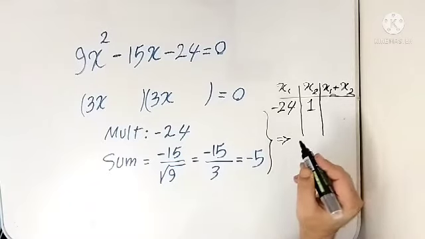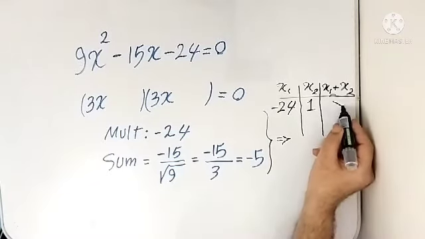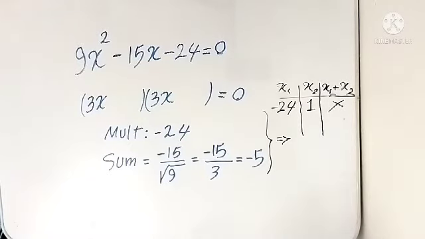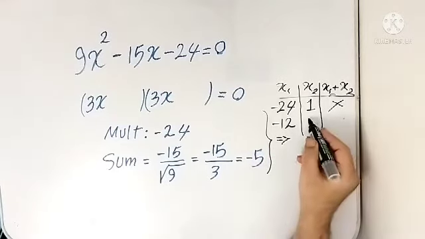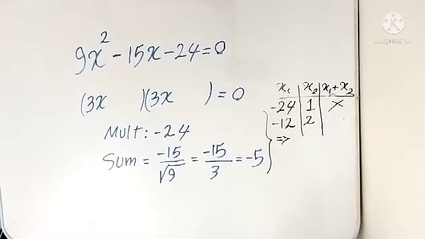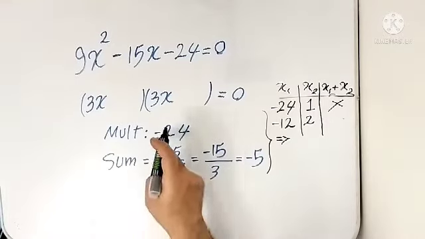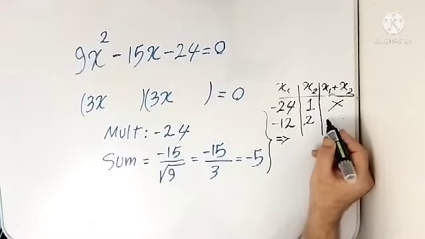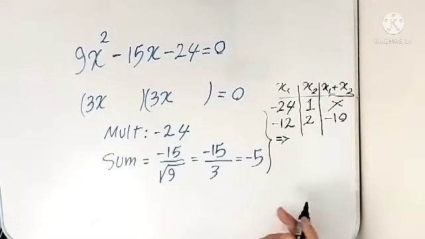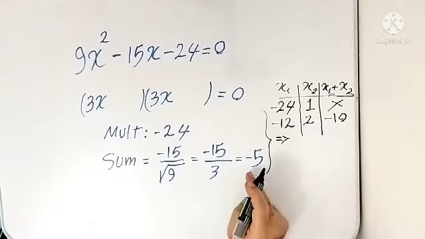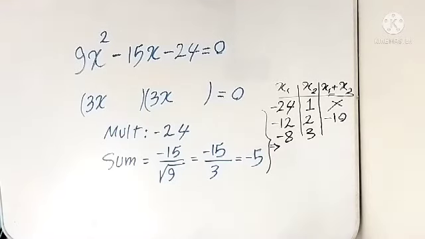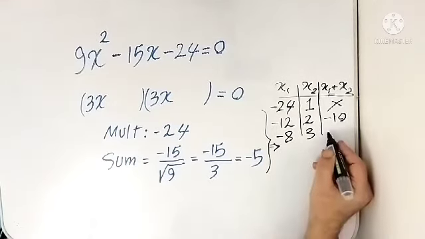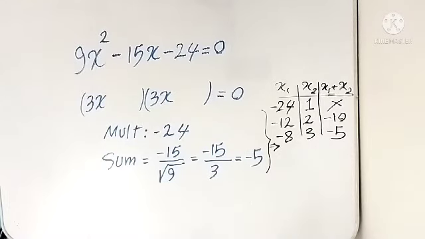Their sum isn't -5, so these numbers are not correct. -20 and 2 multiply to -24. The sum of these numbers is -10, unequal to -5. -8 and 3 multiply to -24. The sum of these numbers is -5.